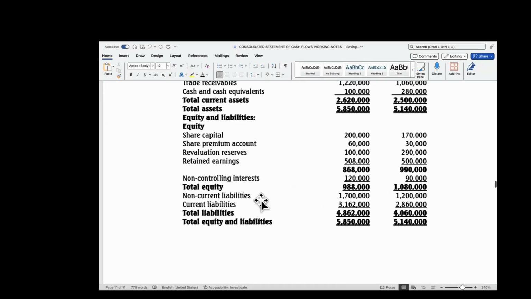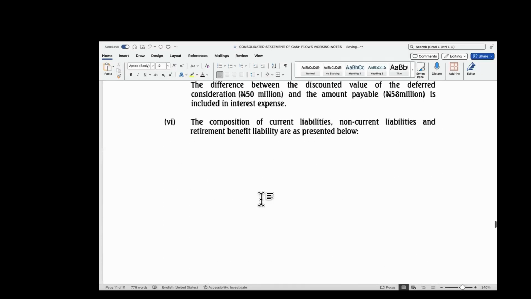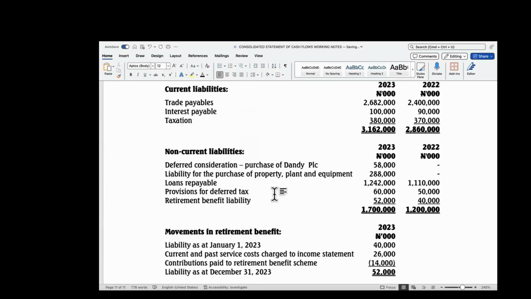Non-current liabilities. I think they did a breakdown for us for non-current liabilities. Yeah, they did. The first one was this deferred consideration. This 58,000: the one we have captured is 50,000. We captured it when we were doing our computation of goodwill.